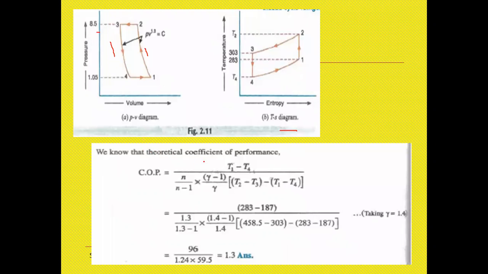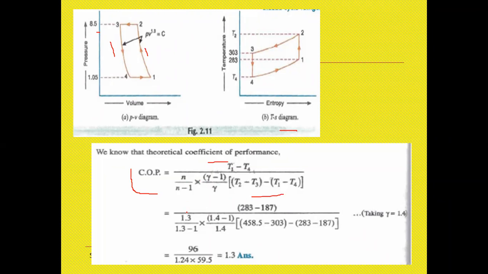Now the theoretical coefficient of performance. So this is the formula for theoretical coefficient of performance, right? COP is equal to T1 minus T4 divided by n of n minus 1 into gamma minus 1 by gamma, T2 minus T3 minus T1 minus T4. So substitute the values T1, T4: 283 minus 187.